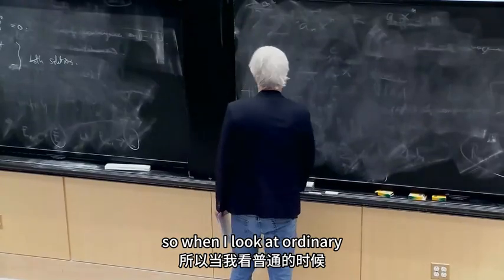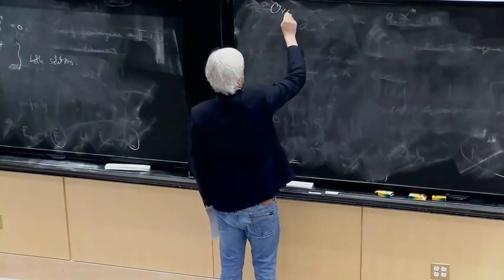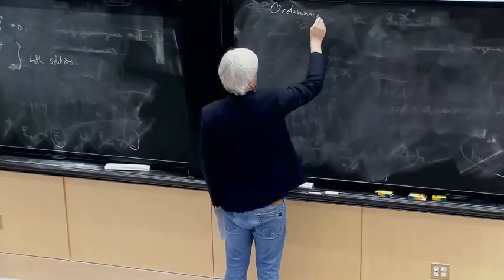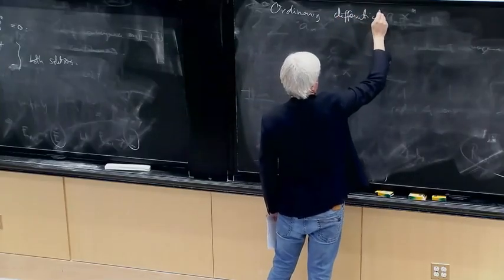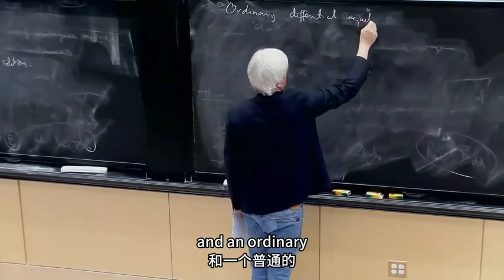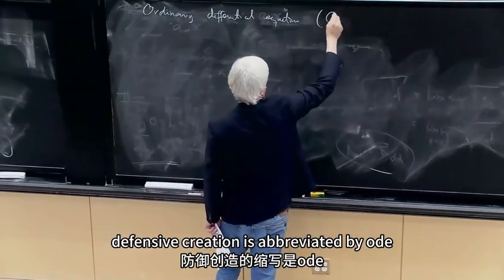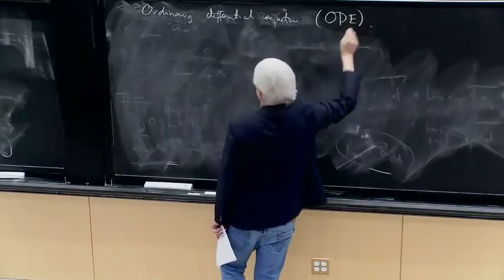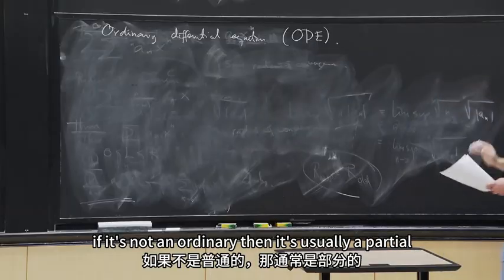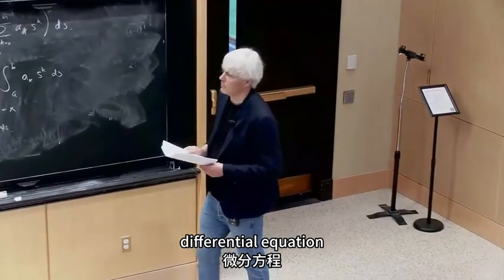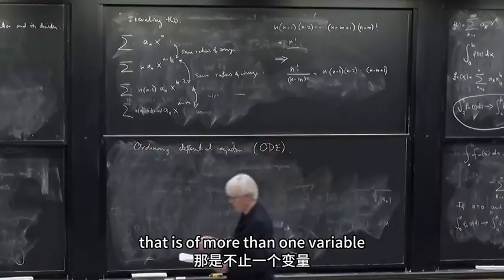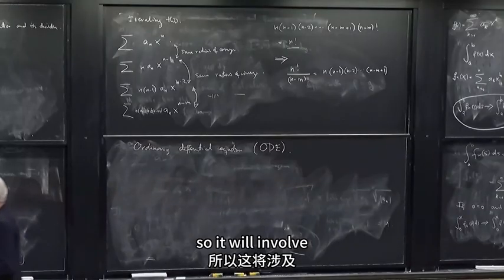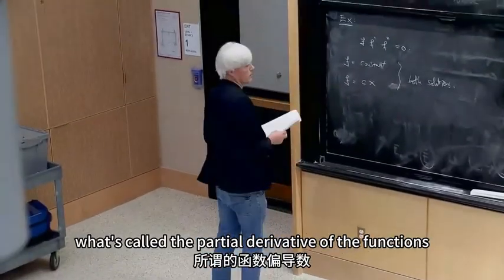So we want to look at ordinary differential equations, and an ordinary differential equation is abbreviated by ODE. If it's not ordinary, then it's usually a partial differential equation, which involves a function of more than one variable. So it will involve what's called the partial derivative of the function.